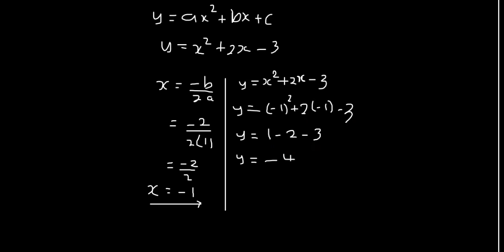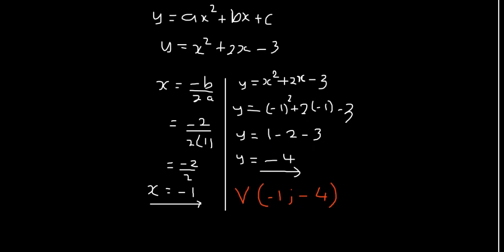That is our y value in the vertex point. I'll change the color when writing the vertex point so that it is clear. Our vertex point is (negative 1, negative 4).